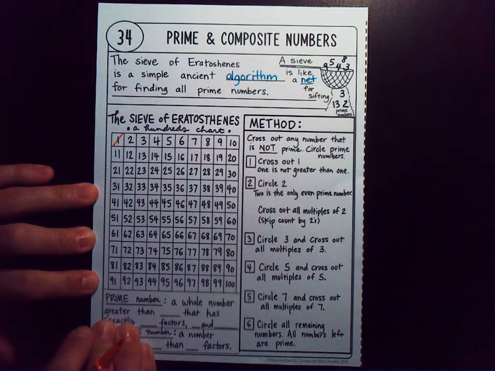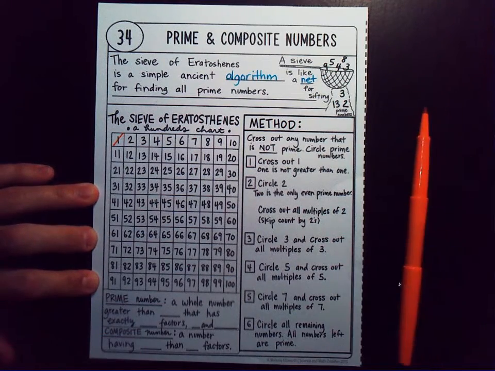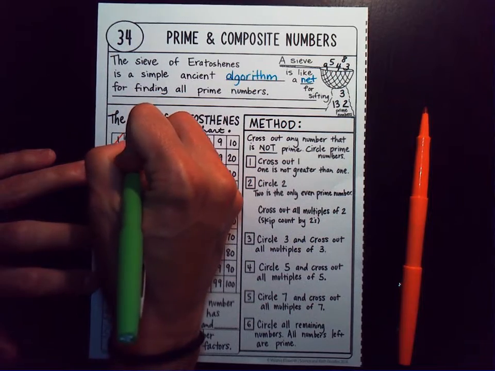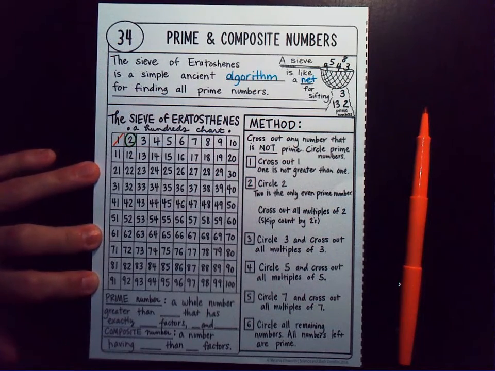Second step, we're going to circle 2. 2 is the only even prime number. Nothing can go into 2 except for 2 and itself. Because of that, I know that all even numbers except for 2 are composite.